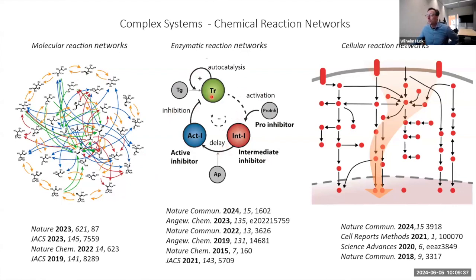So we work with very small reaction networks and see if we can make them exhibit interesting properties. And we are also very much interested in cellular reaction networks. Can we develop tools to actually observe the dynamics of, say, signaling networks in living systems? So this is very broad. I'm not going to discuss all of those topics today.